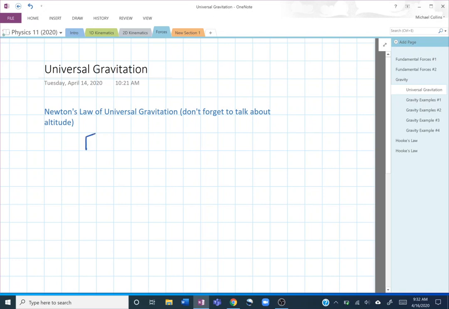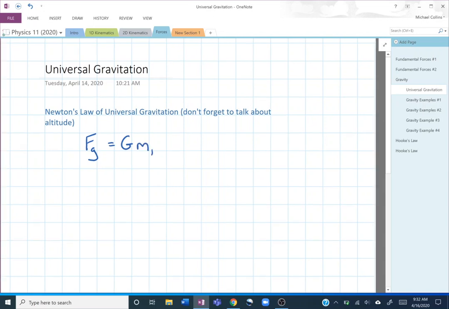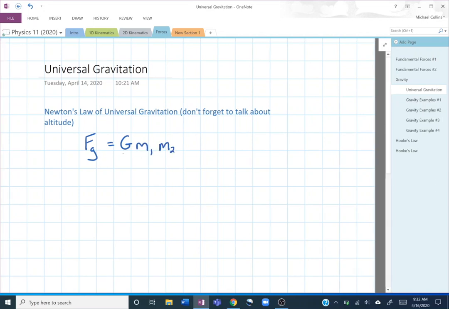Is relatively straightforward. Fg, and we'll talk about it in a second, equals G m1 m2 divided by r squared, where Fg is just the force due to gravity. That little subscript G reminds us that the force we're actually talking about is in fact gravity.